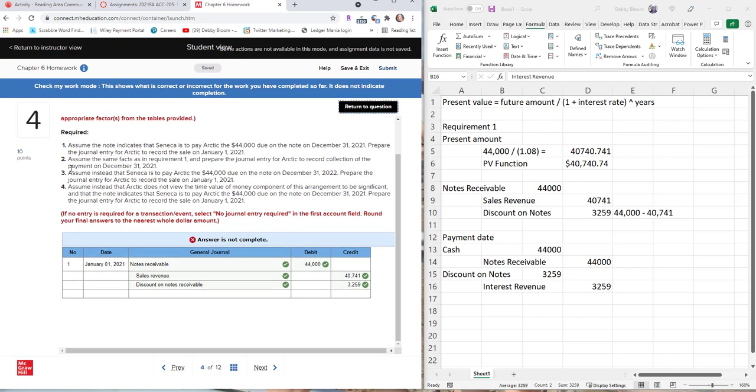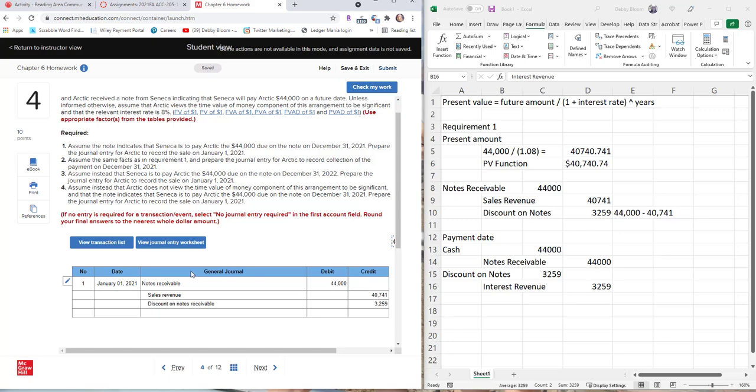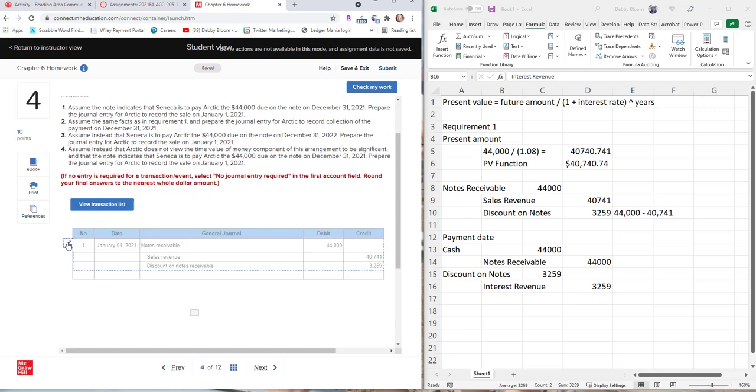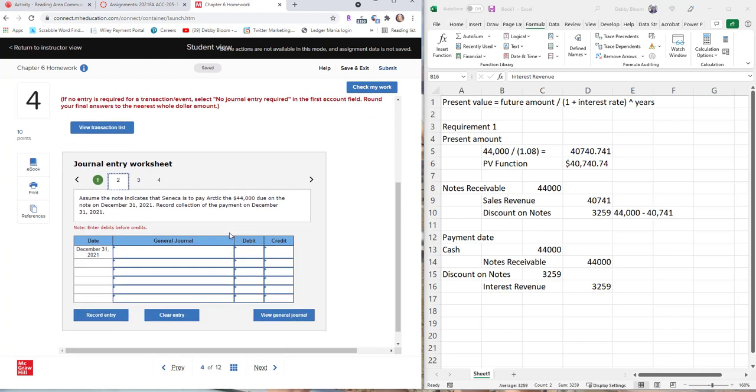Now let's put in the journal entry for part 2 and to record the collection, which is what I have over here on payment date. So let's take a look at part 2. On part 2, assume the note indicates that Seneca is to pay Arctic 44,000 and note that it says to enter debits before credits.